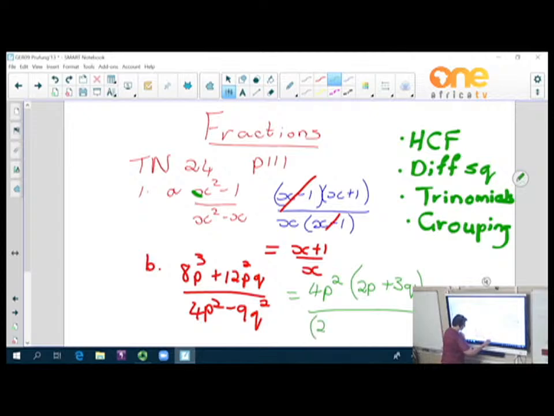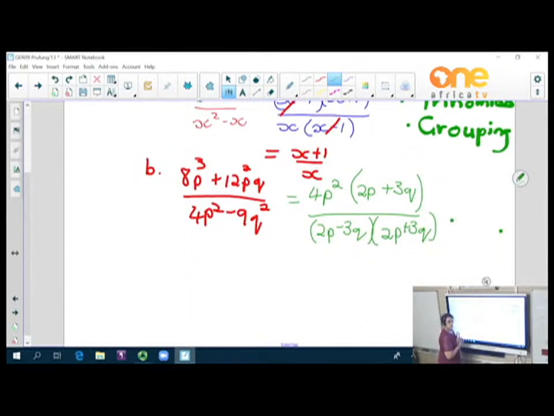So it will be 2p minus 3q multiplied with 2p plus 3q, the difference between squares. So to be able to do the sums now, we must still be able to factorize. Now this 2p plus 3q can cancel out, and the answer is 4p squared over 2p minus 3q.